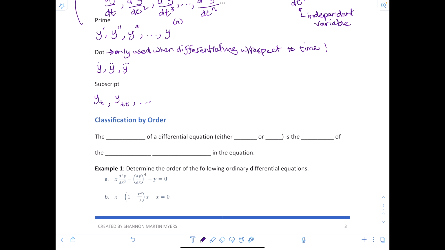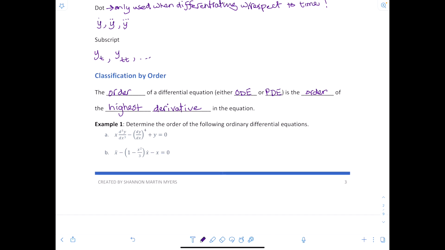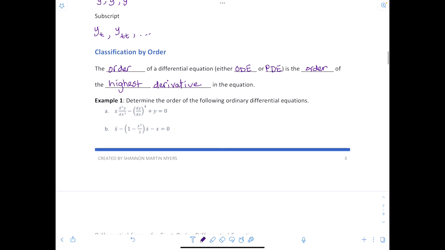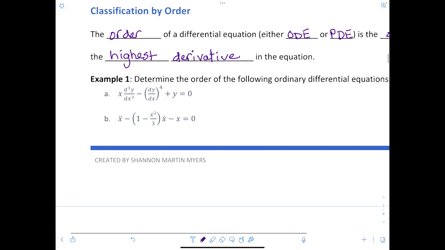Now, classification by order. The order of a differential equation, and it doesn't matter if it's an ordinary or a partial differential equation, is the order of the highest derivative in the equation. So, first example, let's determine the order of these ordinary differential equations. Let me zoom in a little bit.